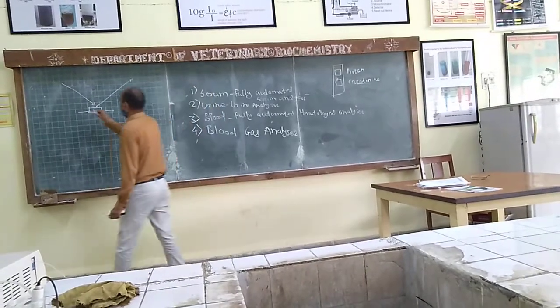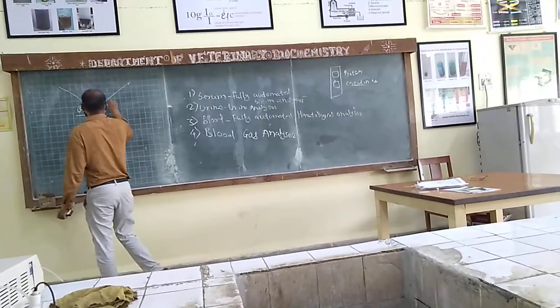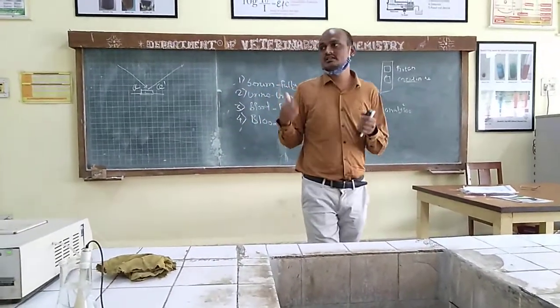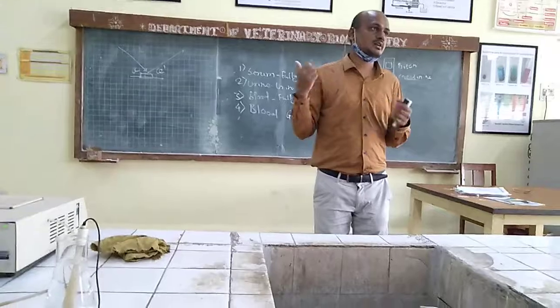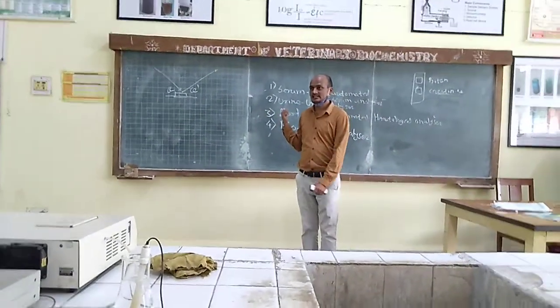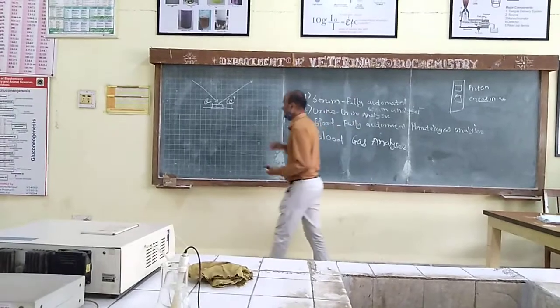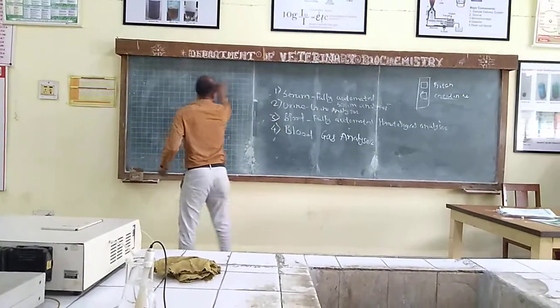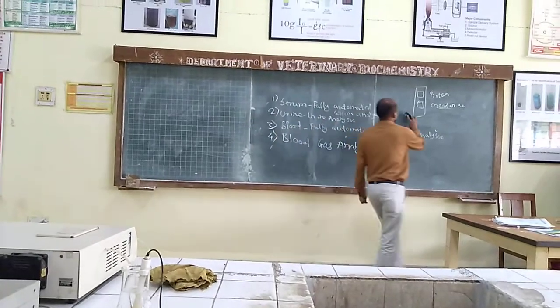This angle, theta 1, we are measuring, and based on this angle of reflectance, we can calculate how much total protein or urea or cholesterol is present in our sample, right? So this is basically reflectance photometry. This urine strip analysis is reflectance photometry.